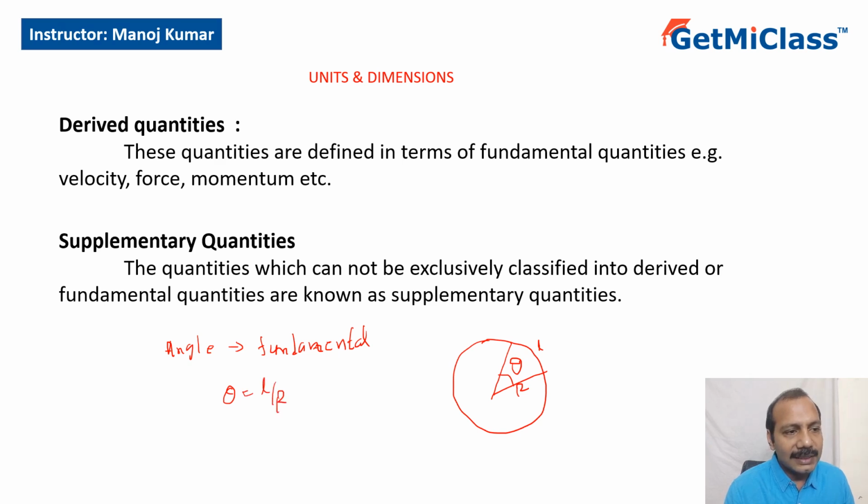Now here I see that 1 radian depends on the length, so here it appears to be a derived quantity. Because it cannot be exclusively categorized as a derived quantity or a fundamental quantity, this is called a supplementary quantity.